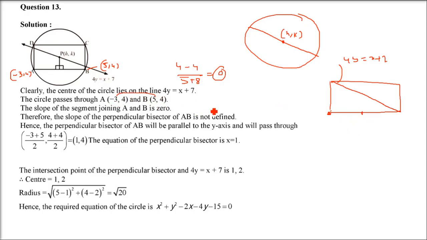So we have already known the slope. Slope is 0. And we have found the midpoint by x2 plus x1 by 2 and y2 plus y1 by 2. That is 5 plus minus 3 by 2 and 4 plus 4 by 2. What is the slope? As I said, it is 0.